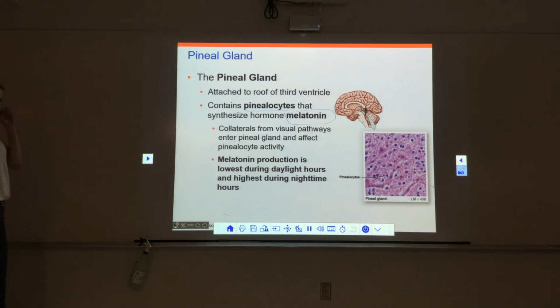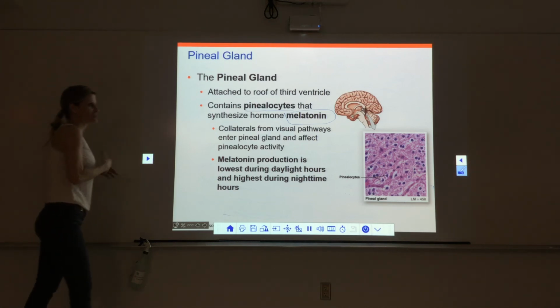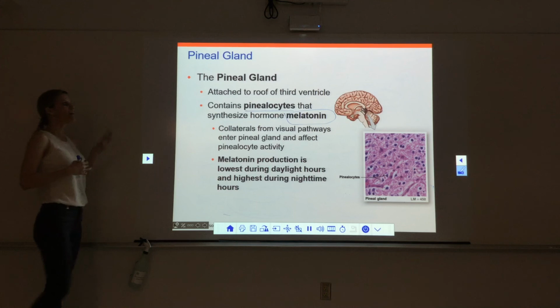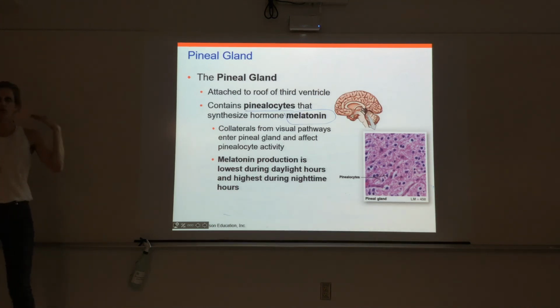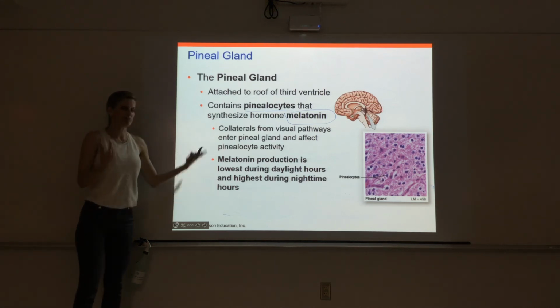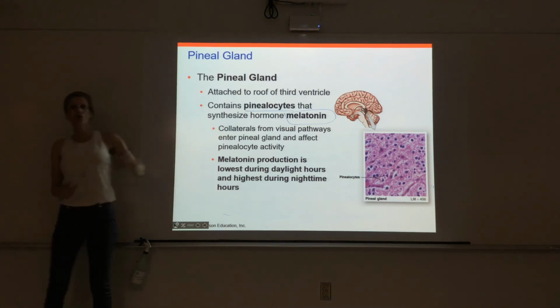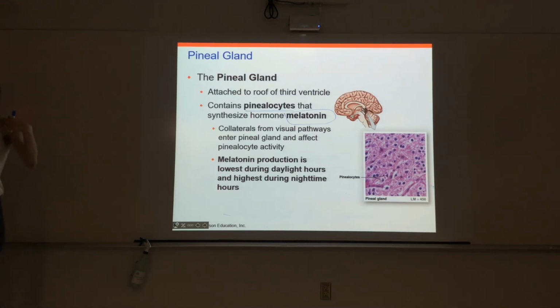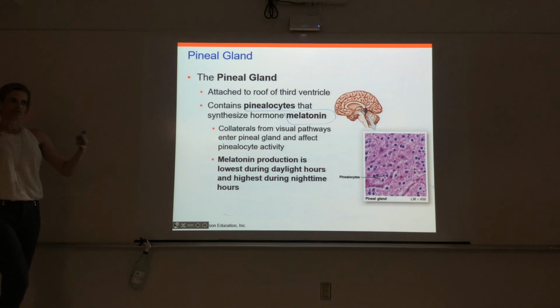Melatonin has a lot of kind of strange functions that we're not very sure about yet, but melatonin is important for what we call circadian rhythms. Circadian rhythms are like these natural cycles that we go through, these natural just kind of daily cycles. The most important or most well-known of these is our sleep cycle. So we know that melatonin is really important for kind of keeping us on this normal sleep cycle, right?